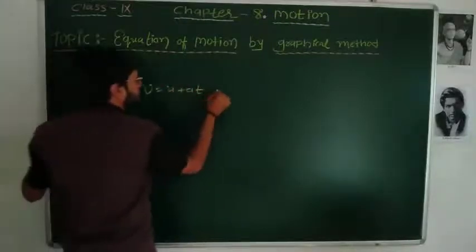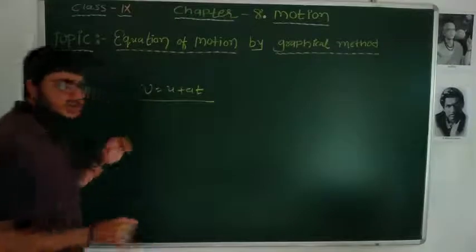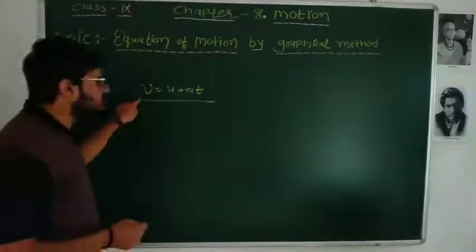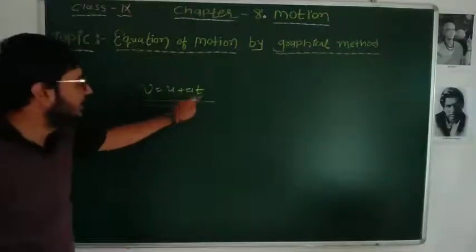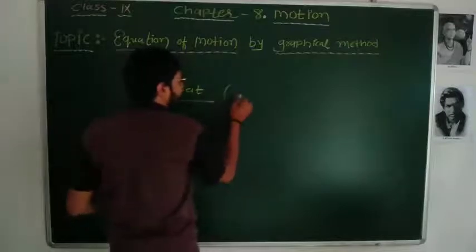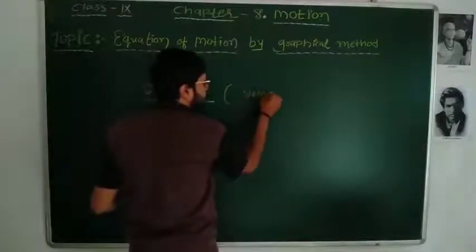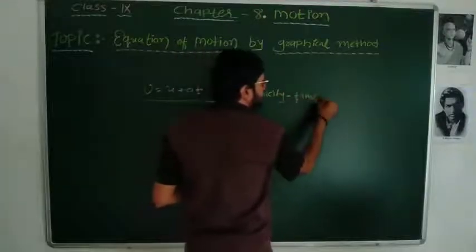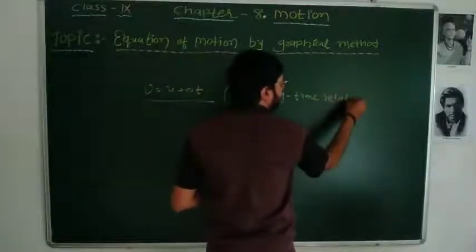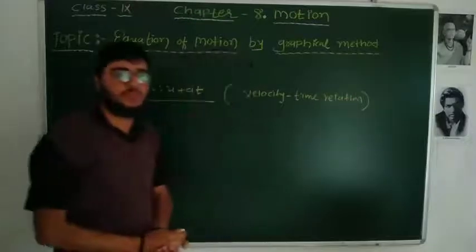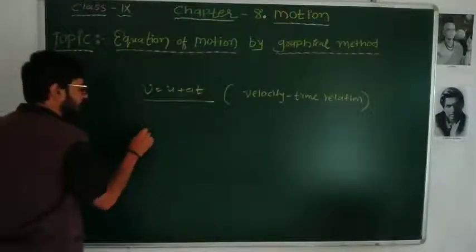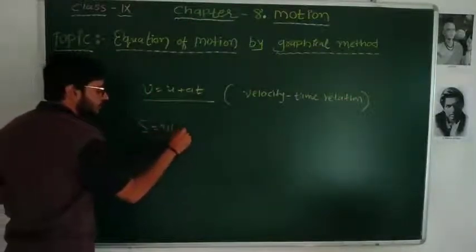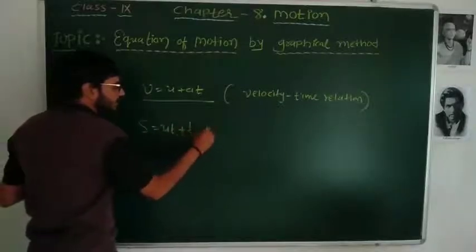This equation describes the velocity-time relation. The second equation is S = UT + half AT square.